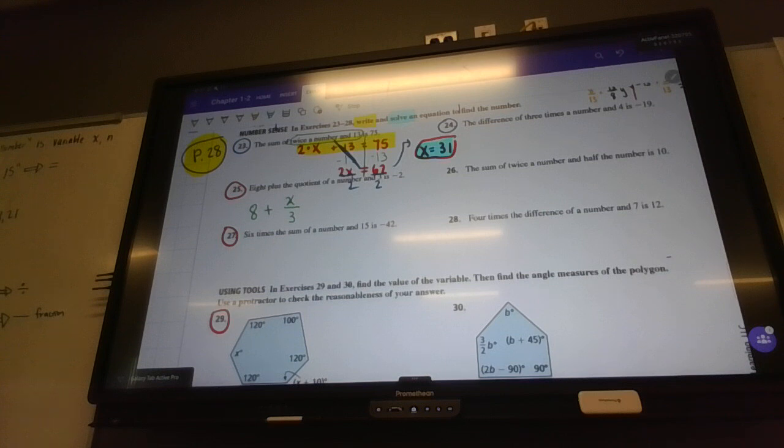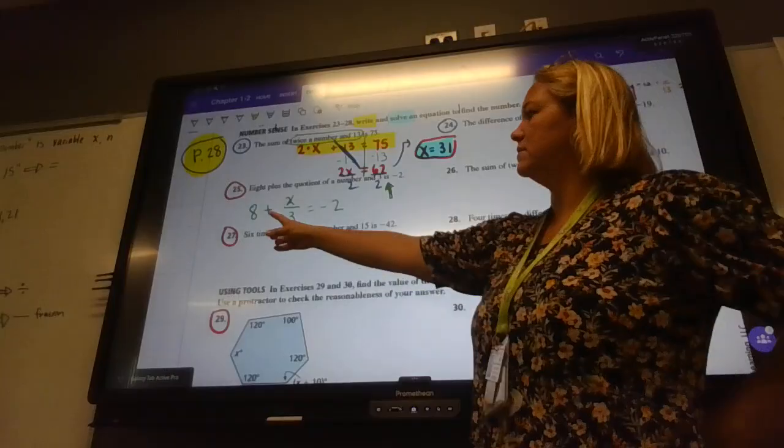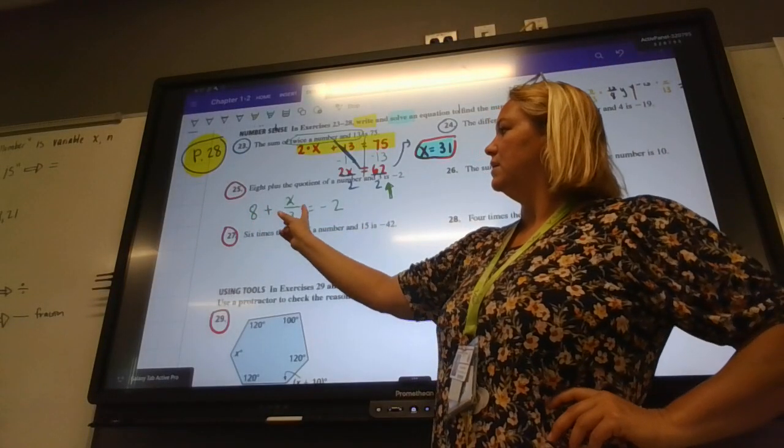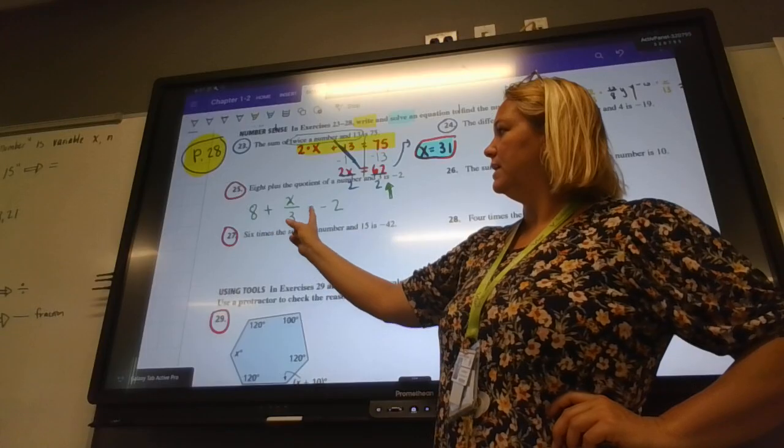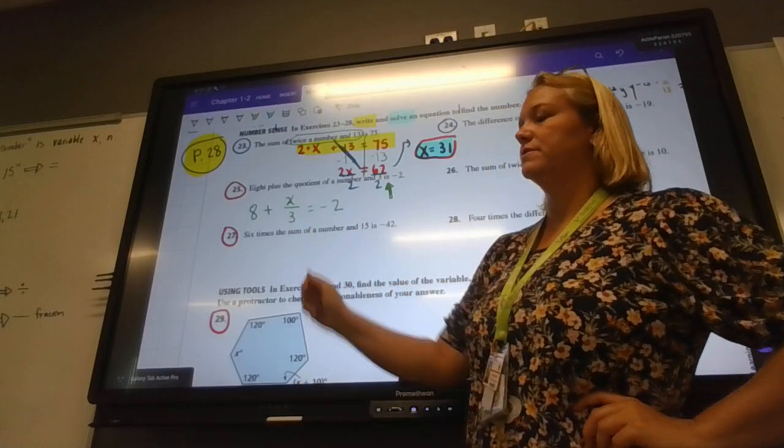And then I know the word is. I love seeing the word is because that helps me decide where to put the equal sign. -2. 8 plus the quotient of a number and 3 is -2.